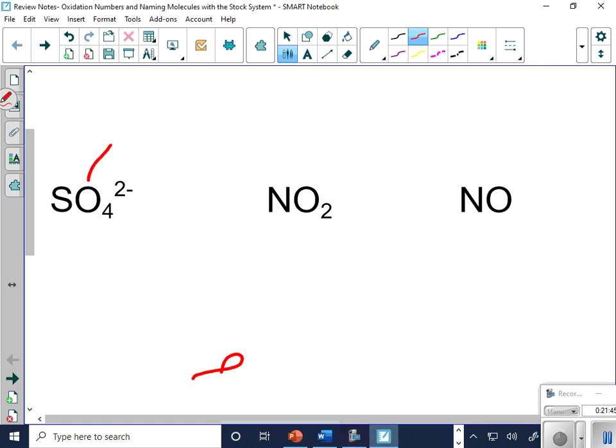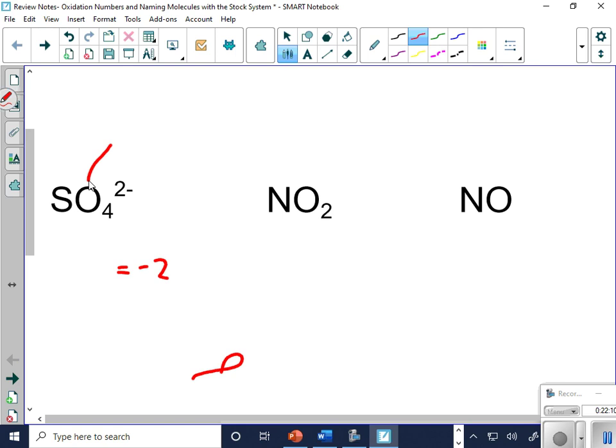Now I look at my sulfur right here, my sulfate ion. I'm going to work oxygen first because I have a rule for oxygen. But I know that based on rule number 10, the sum of oxidation numbers of all atoms in a polyatomic ion equals the charge. So I'm going to put that equal to -2.